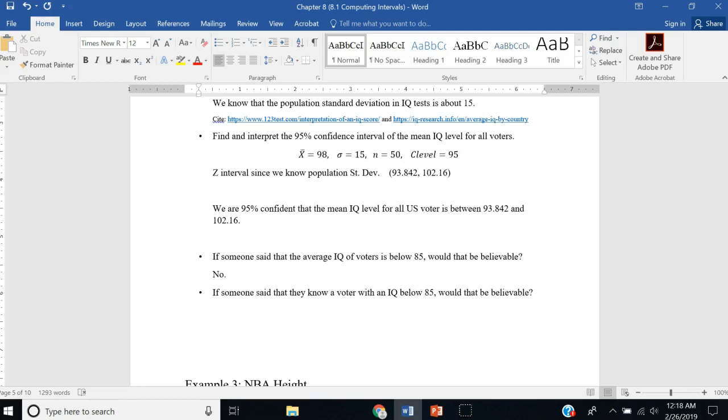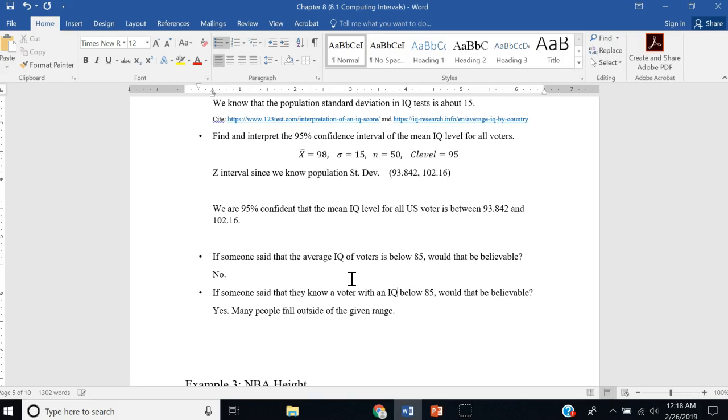However, if somebody said they knew somebody who had an IQ level of below 85, that would be believable. Many people fall outside of the given range, right? Many people would fall below 93 and above 102.